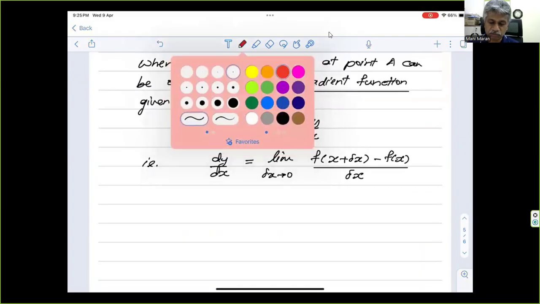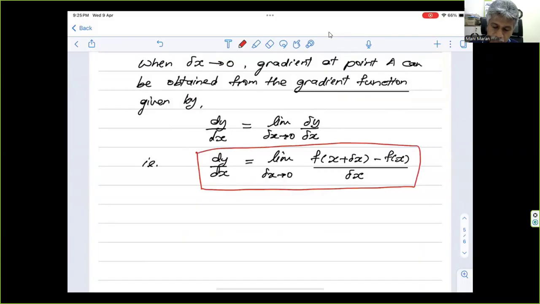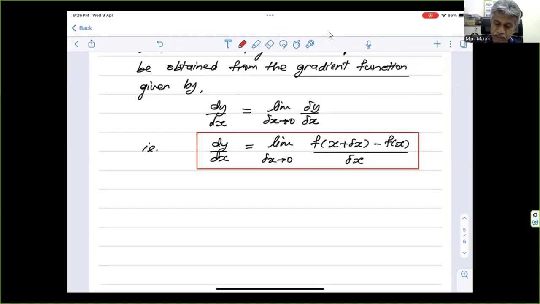So this is a very important formula for you to remember. This formula is the first principle, dy/dx from first principle.